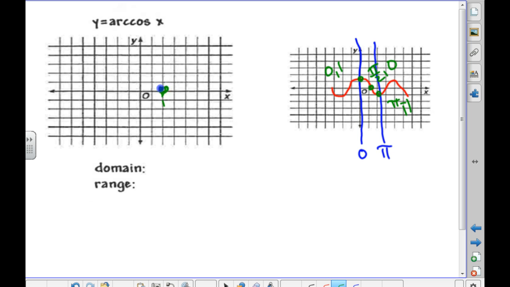Oh man, I did this wrong. Okay, and then we had 0, pi over 2, and then negative 1, pi.